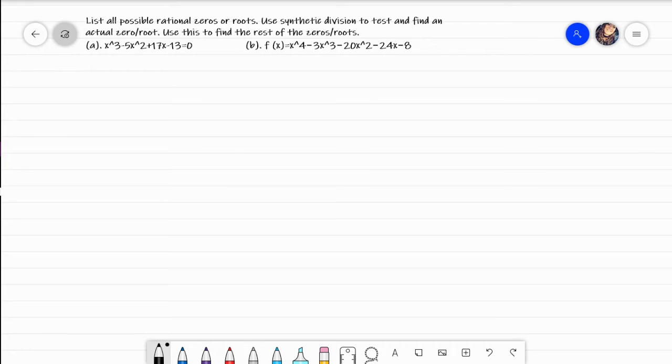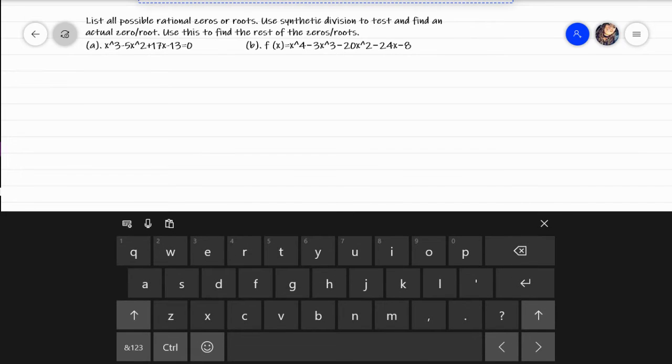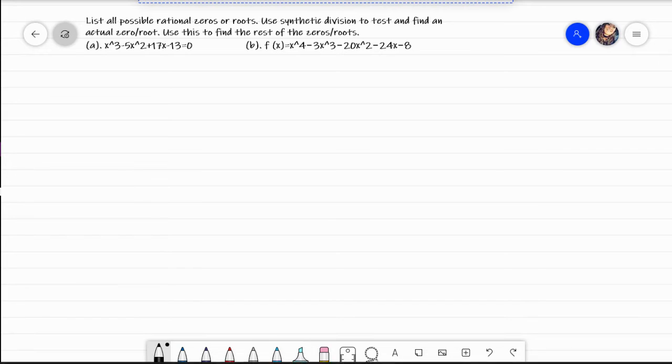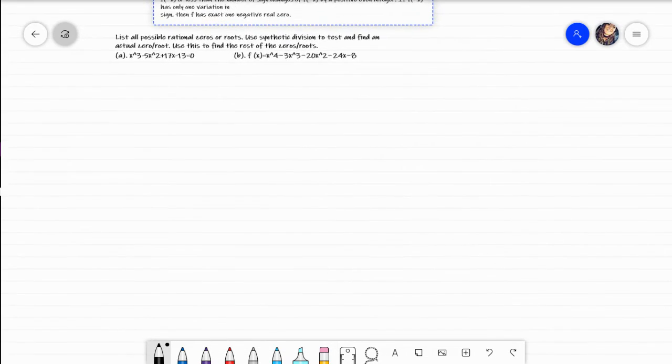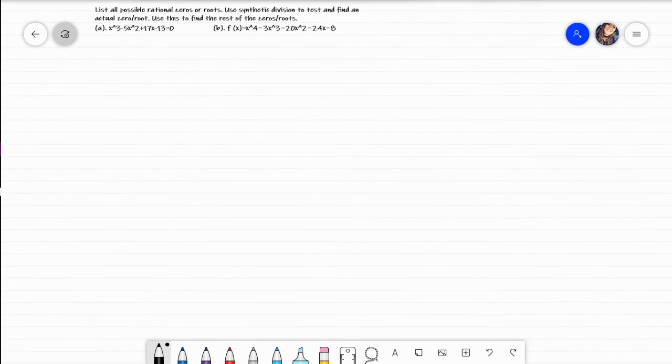Okay, so our problem, it is implied that it's f of x, y'all. It is set equal to 0. Let me zoom out here. Whether or not you write f of x and then that function, or you just write what it has written, it's the same thing.